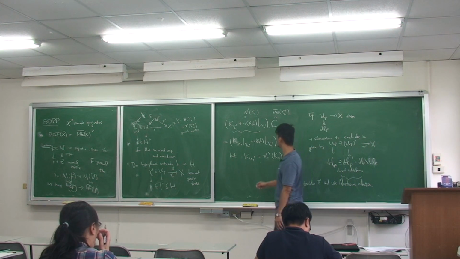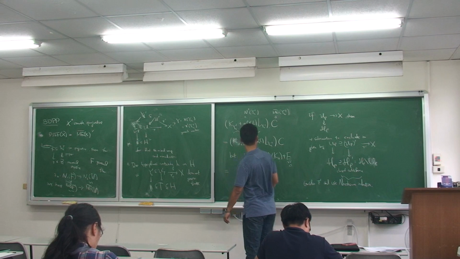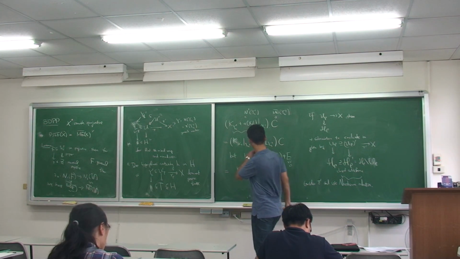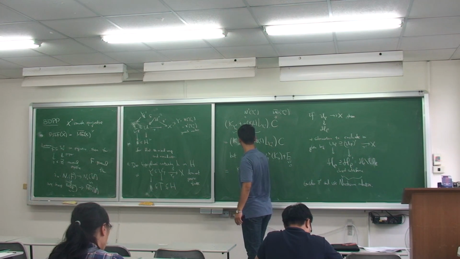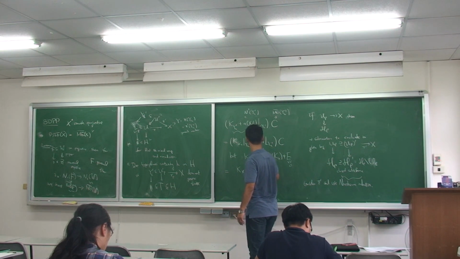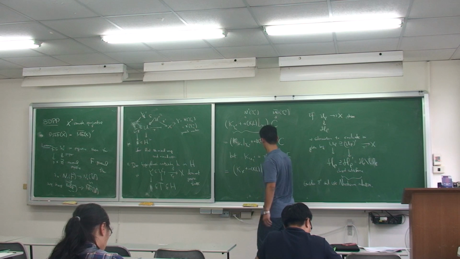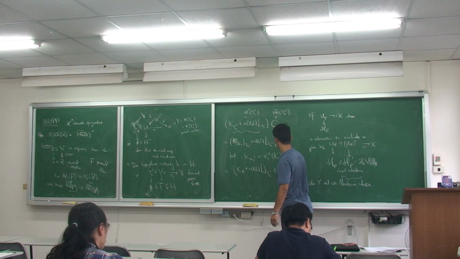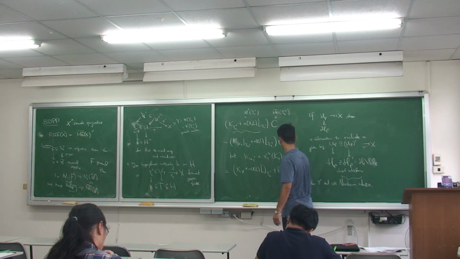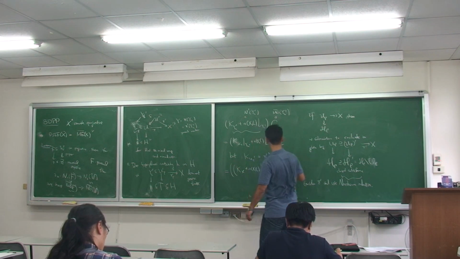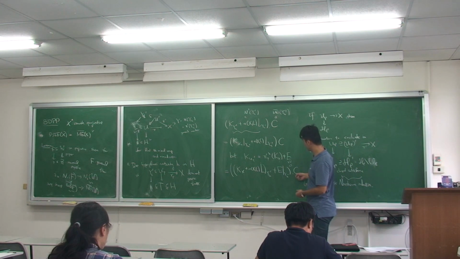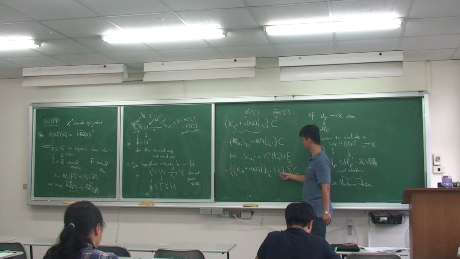So the computation is this is actually K_X plus A X_L, the whole thing restricted to Y_H', plus E restricted to Y_H', the whole thing intersected with C. Okay, so this is by adjunction. And this is a movable curve. And this is an effective divisor, so the contribution is non-negative.